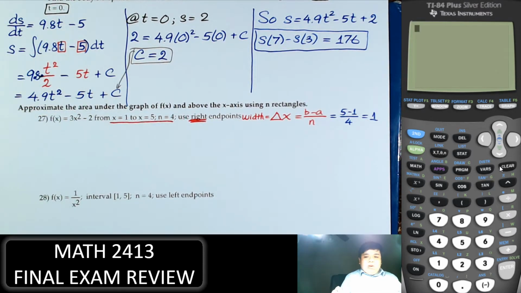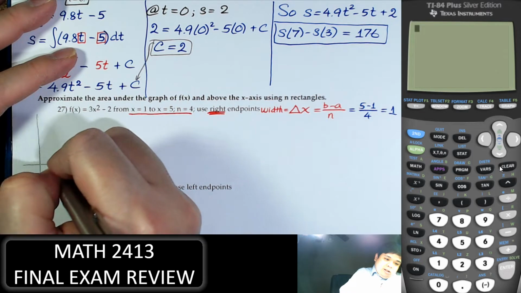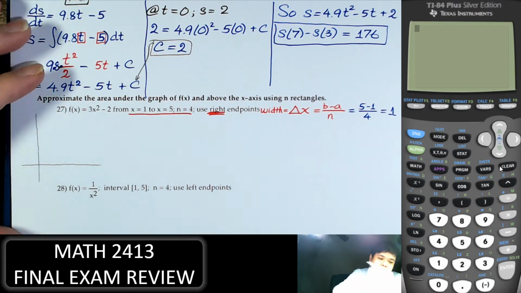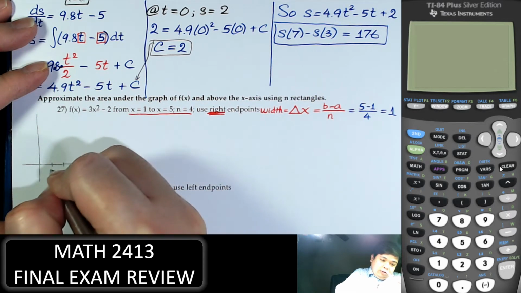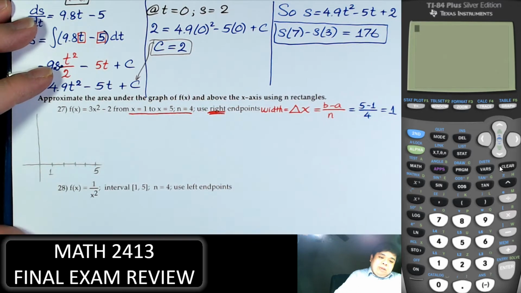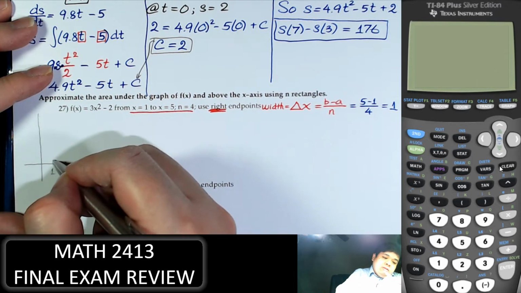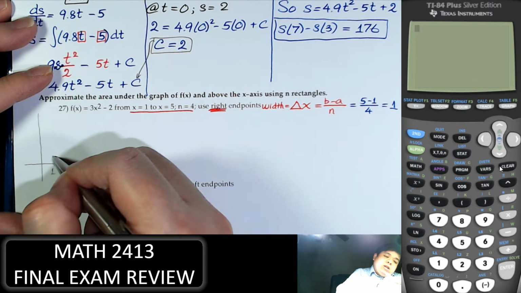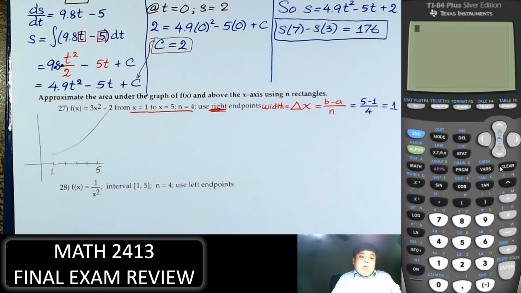So let's do the sketch. 1, 2, 3, 4, 5. The function, let's say put 1 in here, we have 1, so kind of like that. Right, and we use the right endpoint.